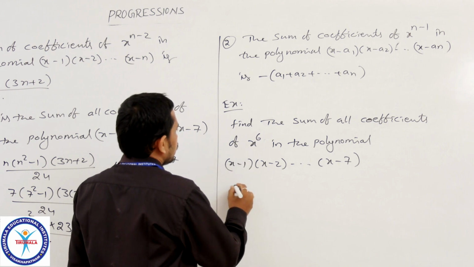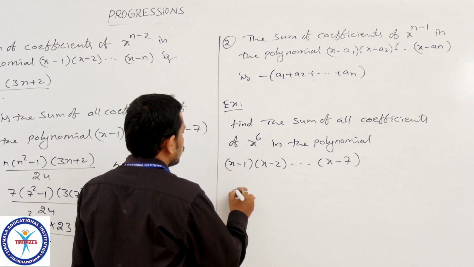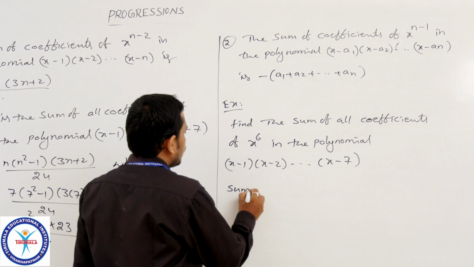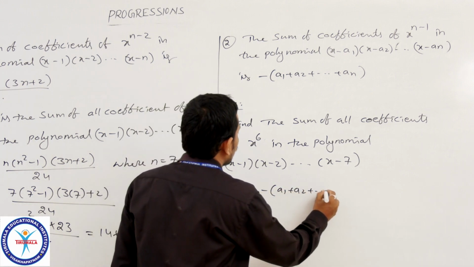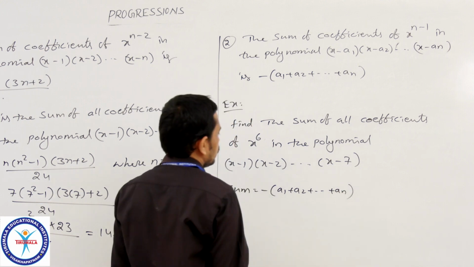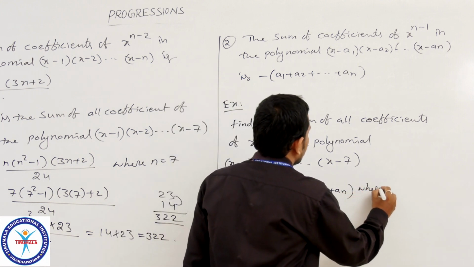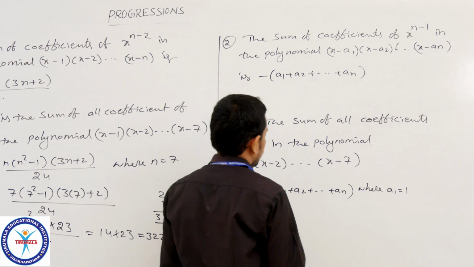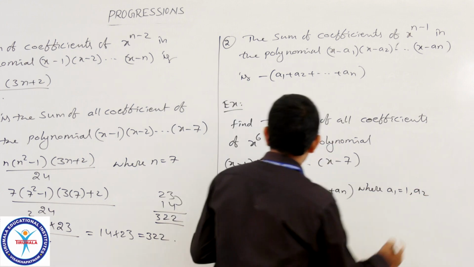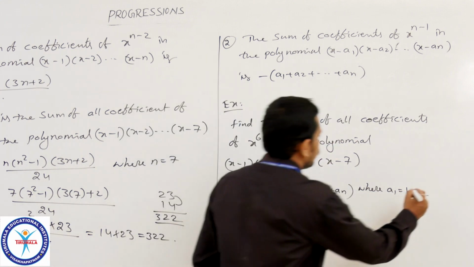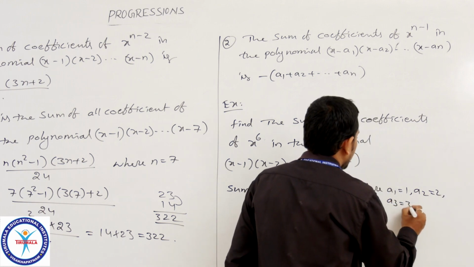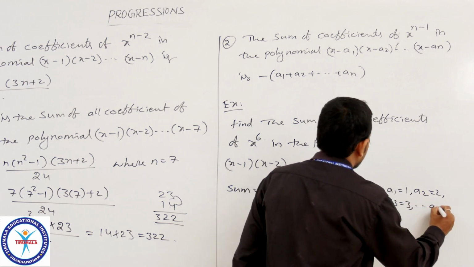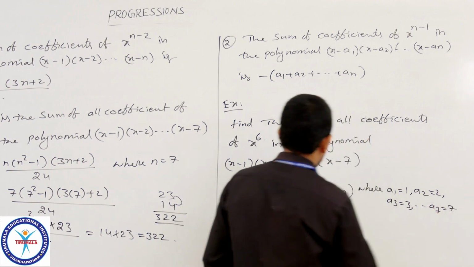Here the required sum is equal to minus of (a1 plus a2 plus and so on plus an), where a1 is equal to 1, a2 is equal to 2 and a3 is equal to 3 and so on, a7 is equal to 7.